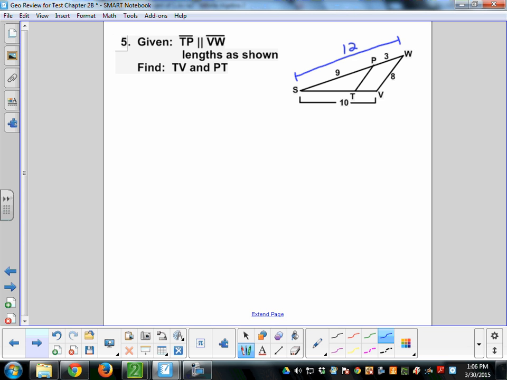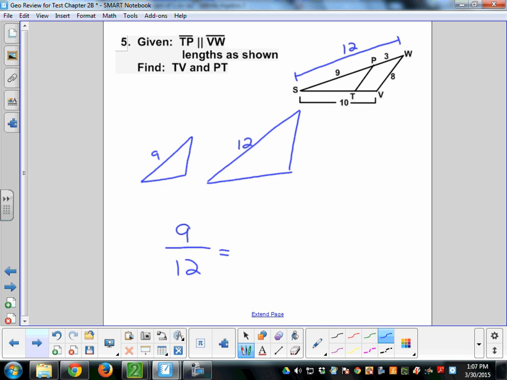Okay, the small triangle, one strategy is to redraw the two triangles. You have a small triangle and a big triangle. This is 9 in the small triangle. This is 12 in the big. So I have a ratio that I can use, 9 to 12. So 9 corresponds with 12, and then it asks for PT.